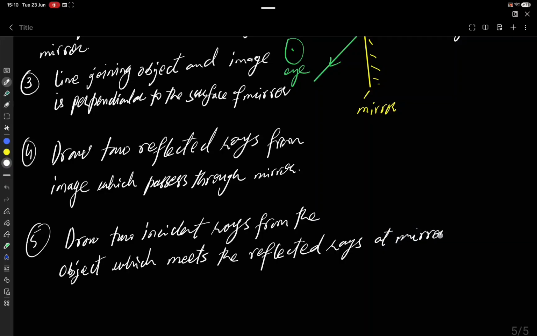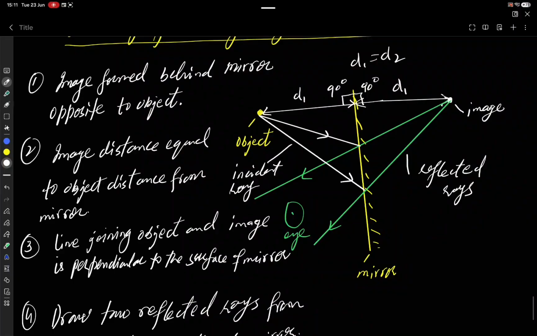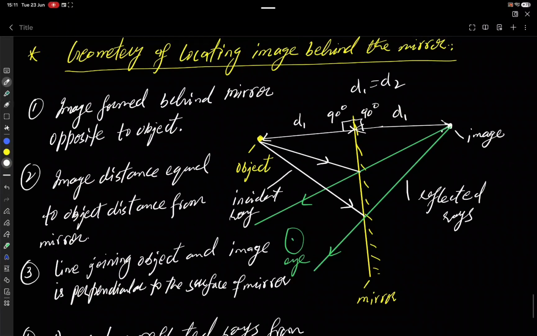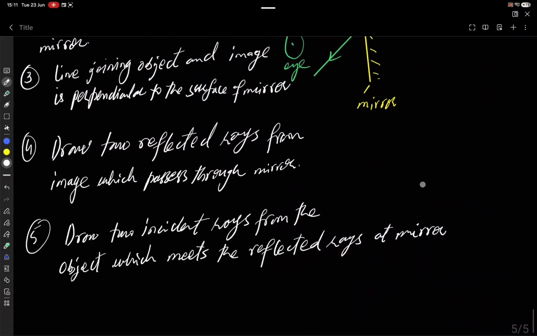In this way we locate the position of the image. So this is a virtual image. In actual, light rays appear to come from the image, so we are not able to follow the direction of the reflected ray. We always see in a straight line, so light rays appear to come from this point, and that is why it is a virtual image.